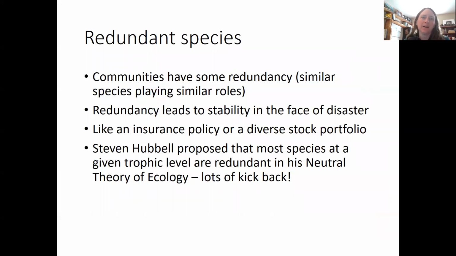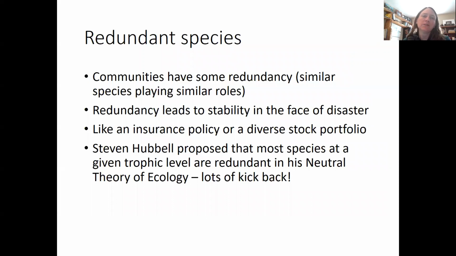But it's gotten a lot of kickback, it kind of lit a fire under ecologists to try to understand, well, what is the value of diversity, and are species truly redundant, or are they not? And so what we've kind of come around to is this idea that we don't really understand the niche that every species plays, and they might be playing similar roles in some ways as other species, but then they might have completely other roles that they're playing in the community that we don't even understand.